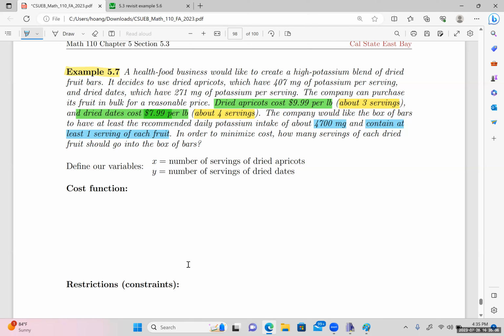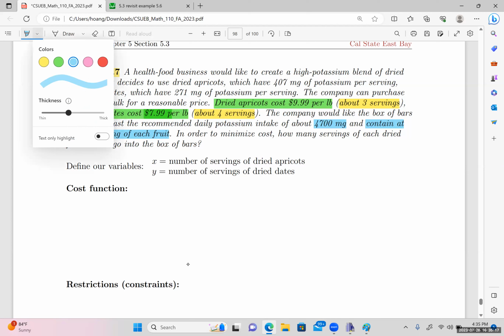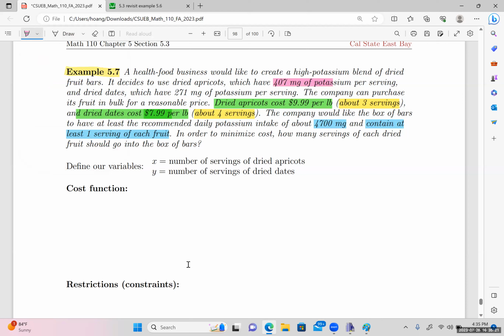So that means I also need to highlight 407 milligrams per serving for dry apricot and 271 milligrams of potassium for dry dates. Okay.